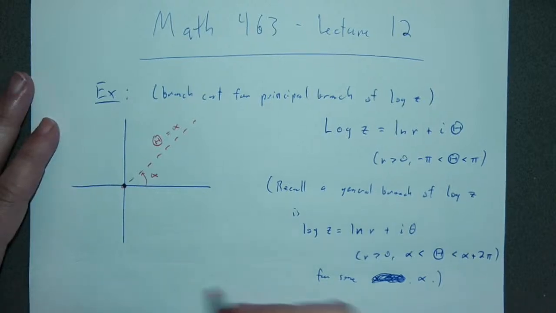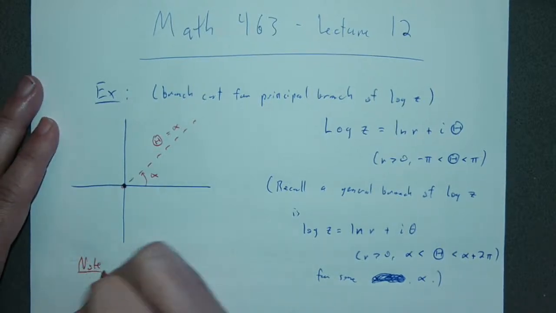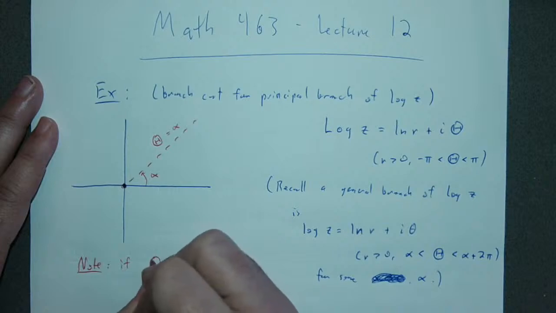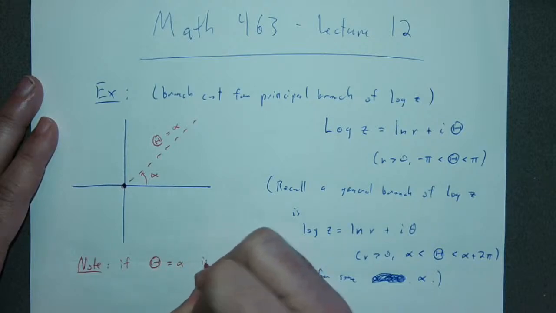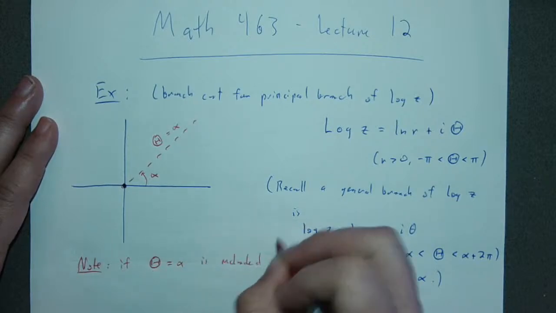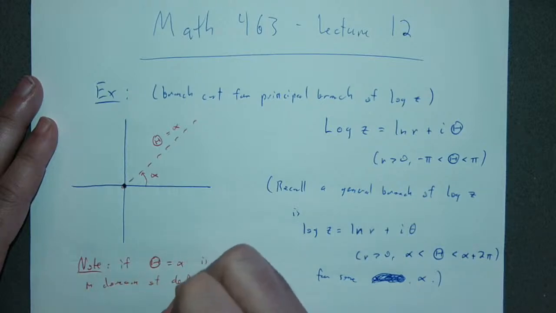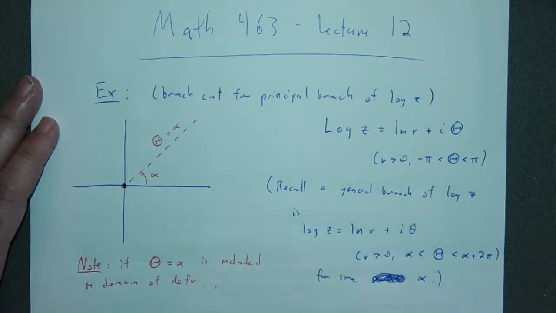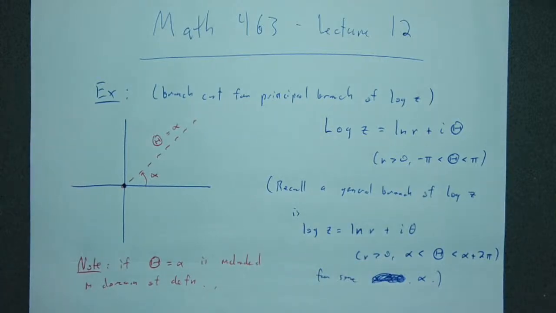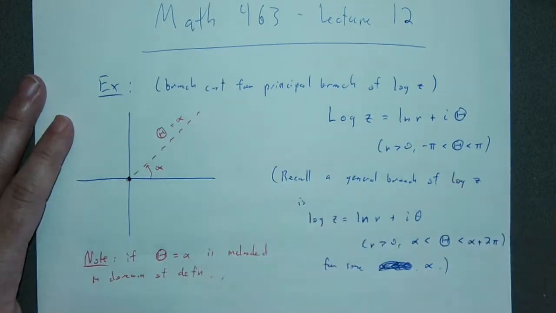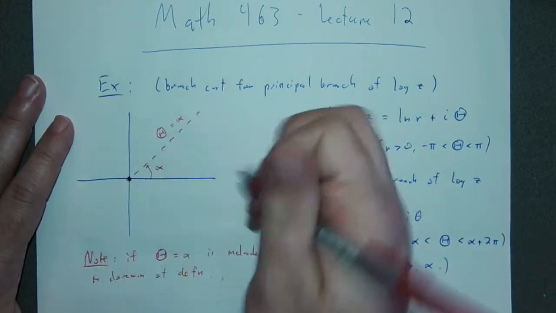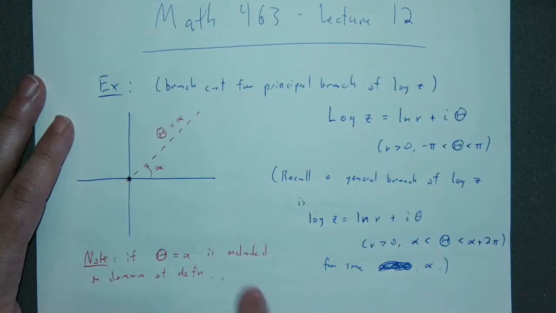Note, if theta equal to alpha is included in the domain of definition for this branch, then the problem is that this function is not continuous at those points.